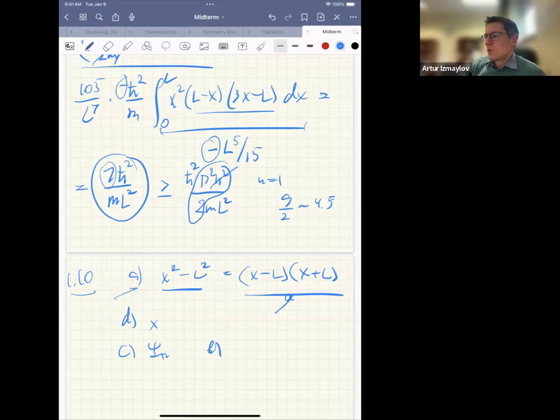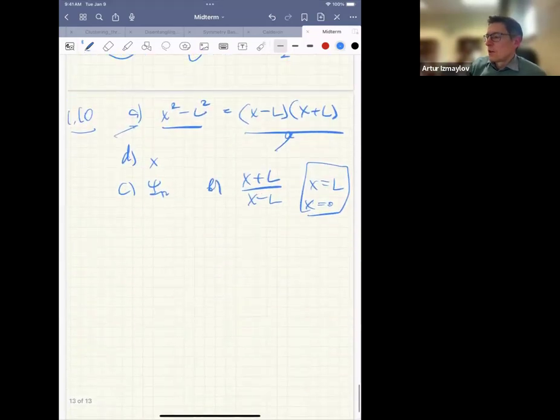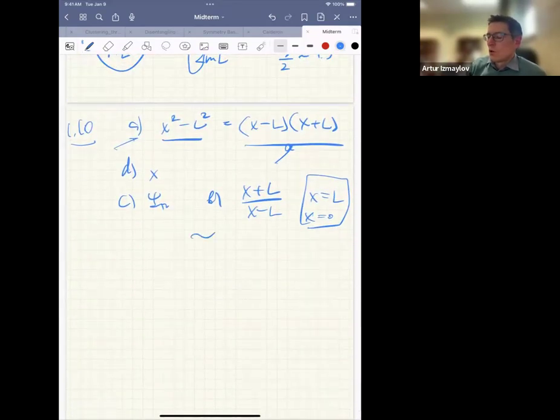And then B was also not a good function because it's x plus L divided by x minus L. There's still a problem when, let's say, x equals L, and at 0 as well, right? So both are problematic. All right. But this problem, the 10th, is sort of the easiest of all. Everyone more or less did it well.